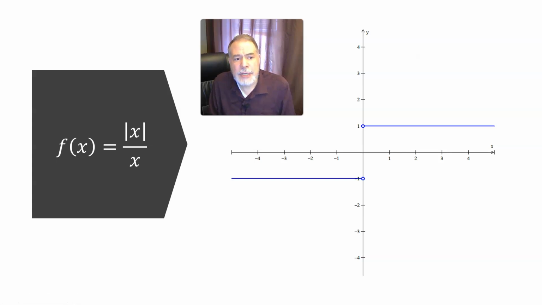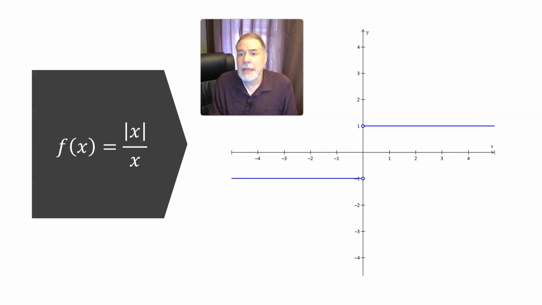This is the function that takes whatever number you give it for x and takes the absolute value of that number divided by that number itself. So if the number you put in for x is positive, if it's even a little tiny bit greater than 0, then the absolute value of x is the same as just x itself, and when you divide, you get 1.